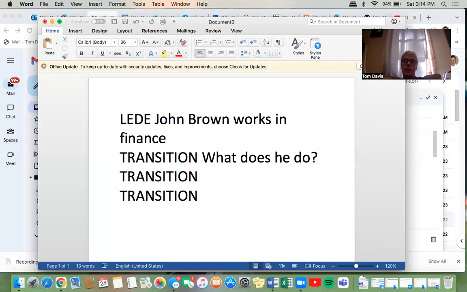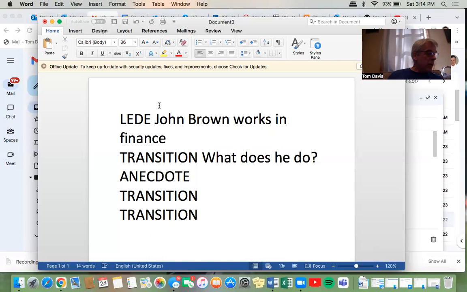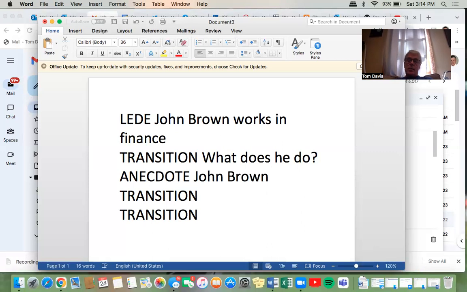Now, the difference between a crime story and this story is, like I said, you go a little more depth. So in between these transitions, you go into what's called an anecdote. This basically provides more of a slice of life, on the street kind of experience that relates to the transition and then overall the lead. So maybe, what does he do?